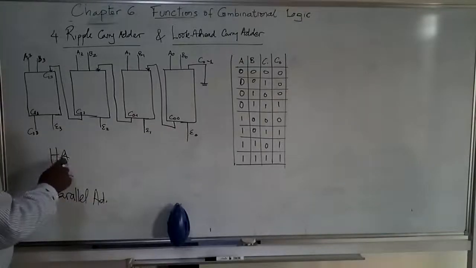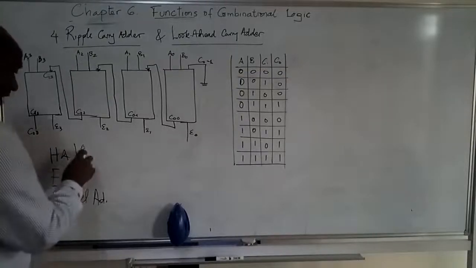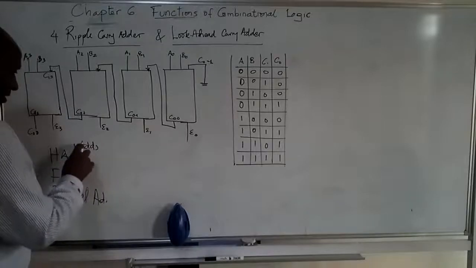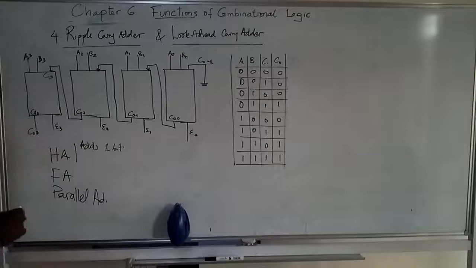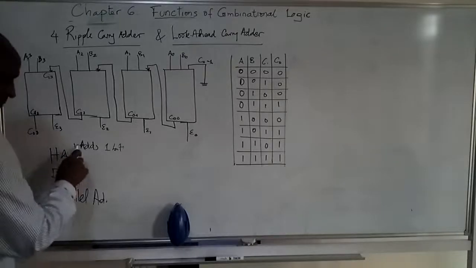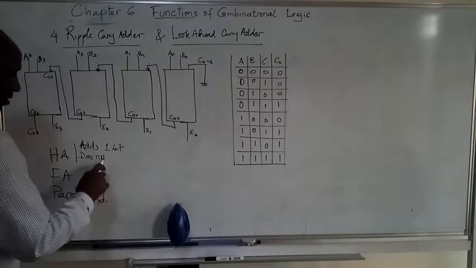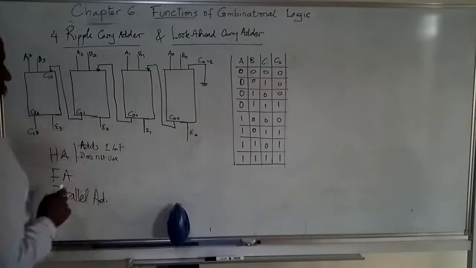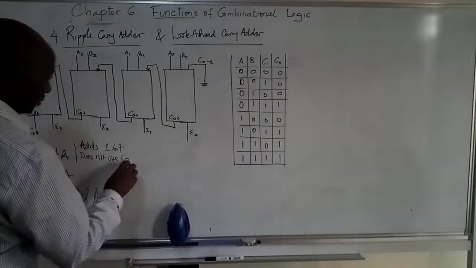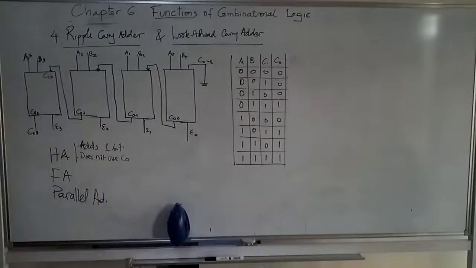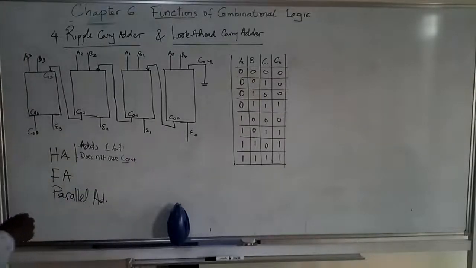So now we have seen that the half adder adds 1 bit. The half adder does not use a carry out. It's okay. It's CO, that is carry out.